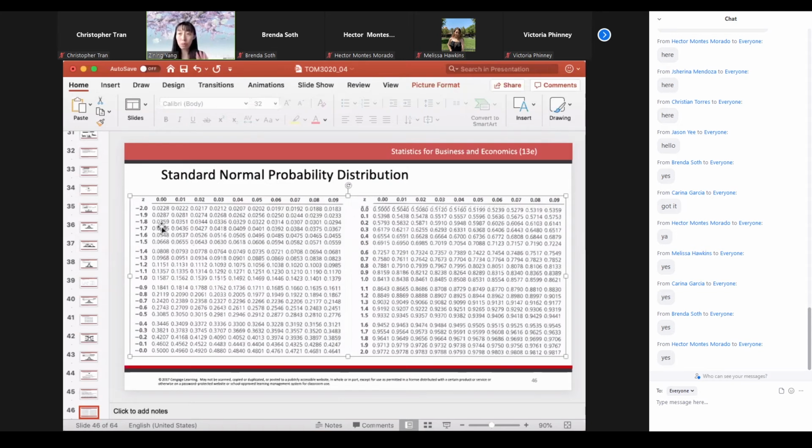So your column will have 0.00, 0.01, 0.02, 0.03, all the way to 0.09. So that's the second decimal place. So if your z equals 0, right? Z equals 0.00, meaning you are looking at the exact center, right? You are not deviating from the mean by a little bit.